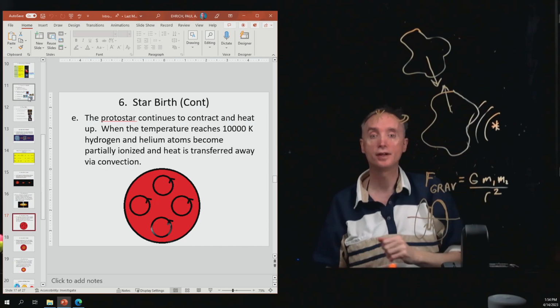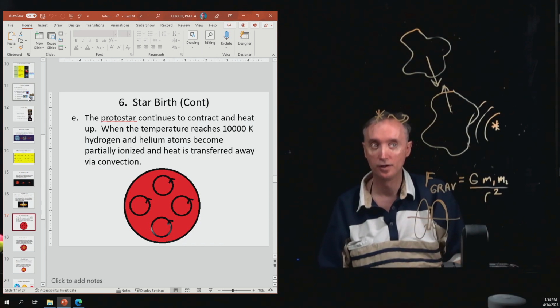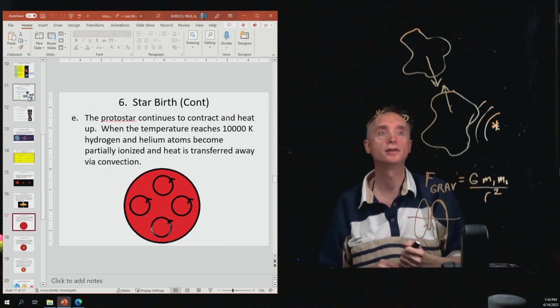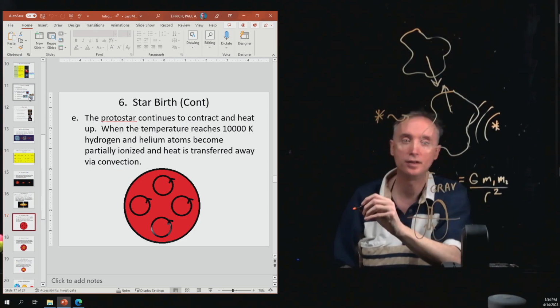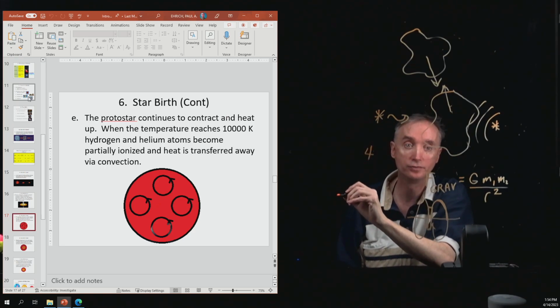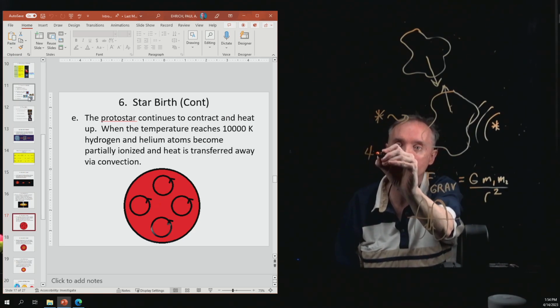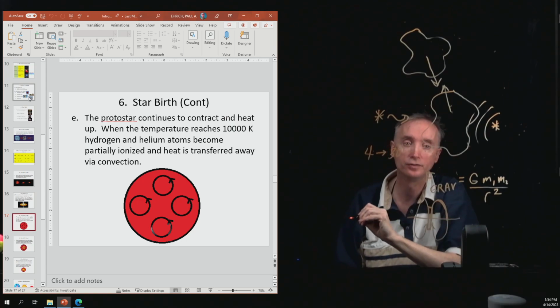Okay, then the next thing is the temperature now gets up to 10,000. So if you recall, let's put it over here, the temperature of outer space is like 4 Kelvin, and then the temperature of the cloud initially is, let's say, 30 Kelvin.